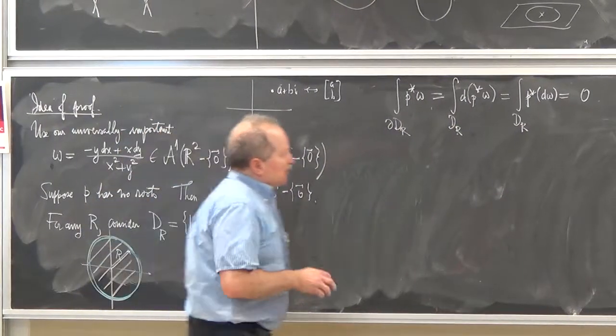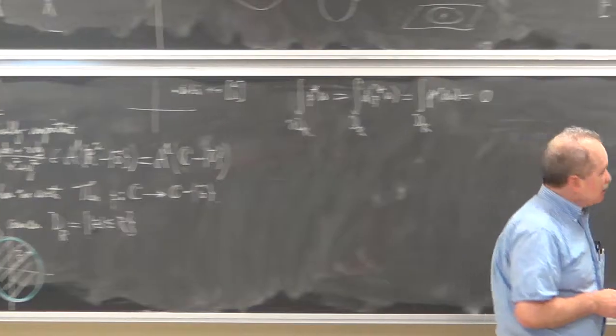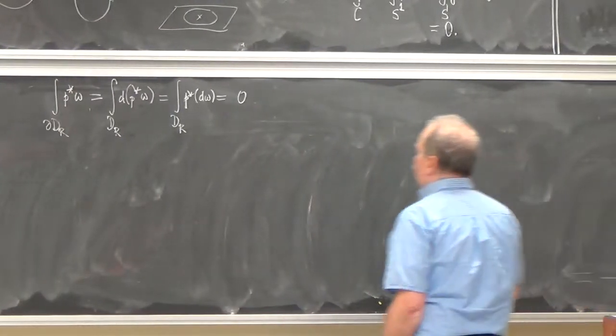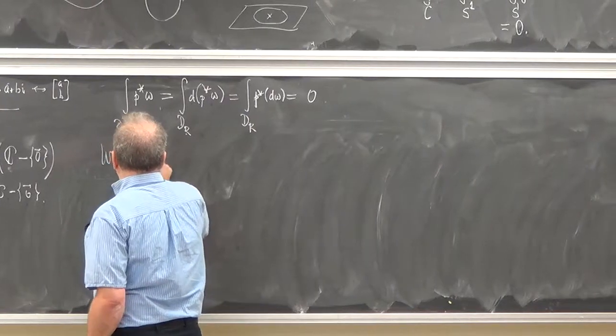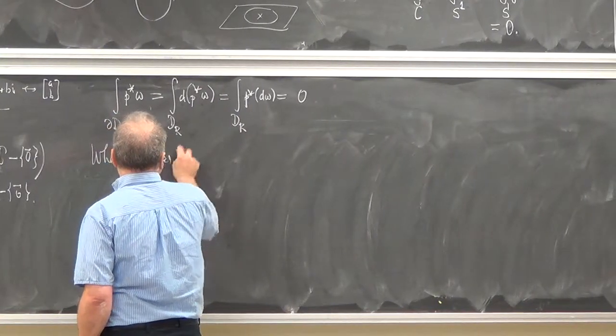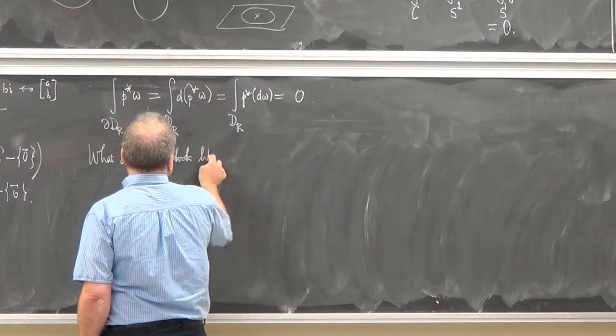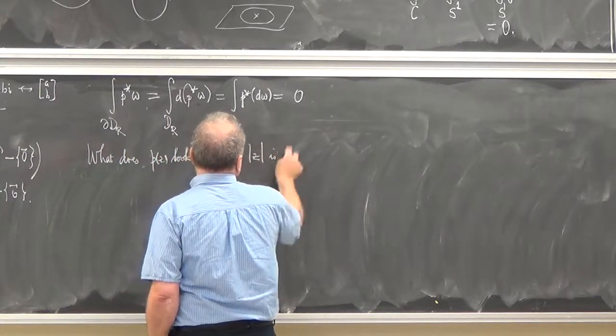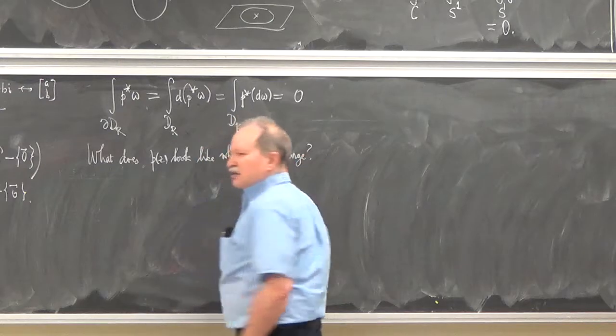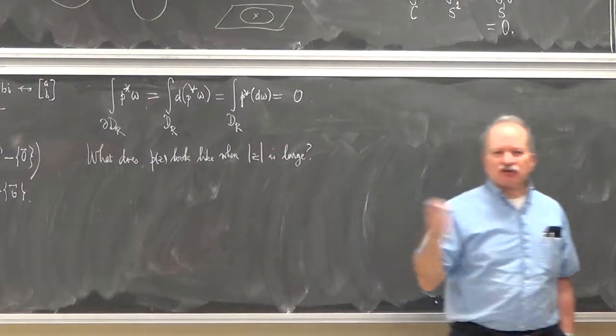So here's what I want you to think about. Think back to your intuitive calculus days. What does P of Z look like when Z is large? So think about polynomials.